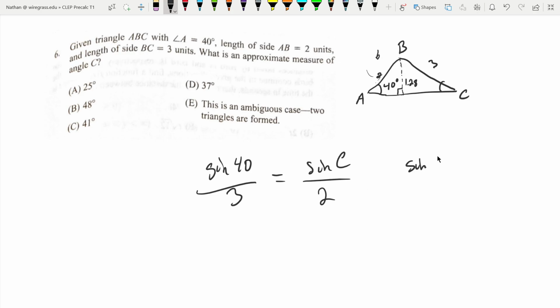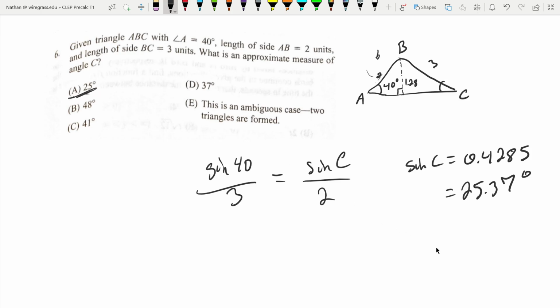I get sine of c equals 0.4285, and then take the inverse sine, or the arc sine. So arc sine 0.4285 gives me approximately 25.37 degrees.